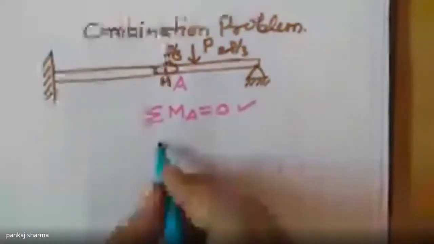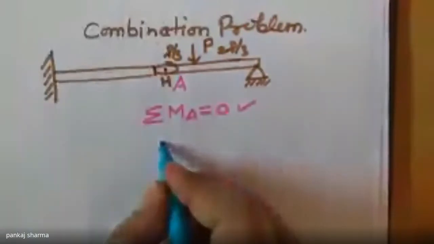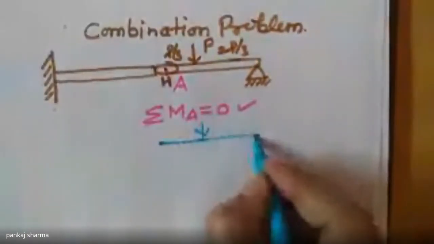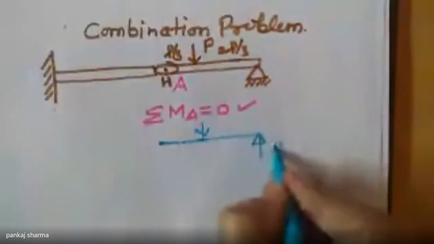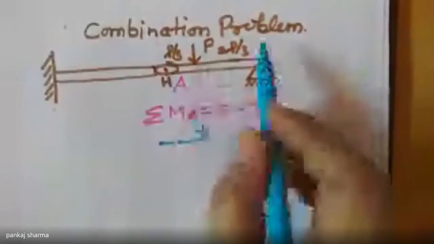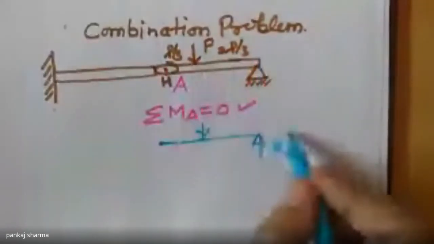So we can say there is a hinge, the load is P, and the vertical reaction is R1. There is no horizontal force, so the horizontal reaction must be 0.